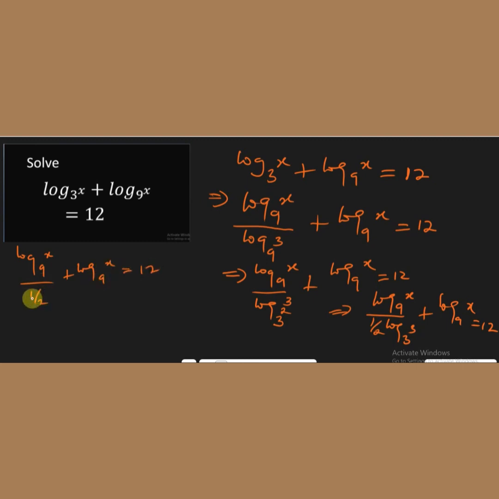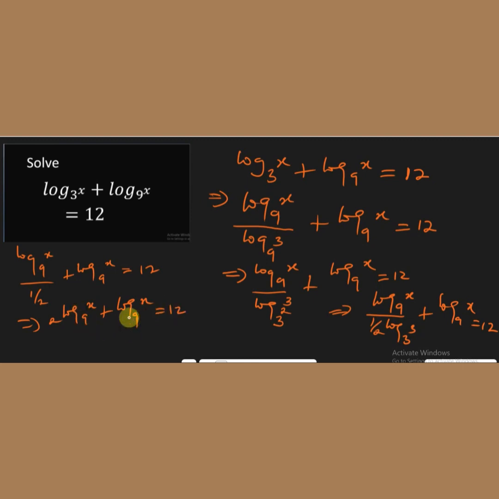So what I need to do here, log 9 raised to the power of x divided by half is going to give me, remember this is division, so the inverse of it, 2 will go up, 1 will come down. So it's going to be 2 times log 9 raised to the power of x. So this and this are the same, plus log 9 raised to the power of x is equal to 12.